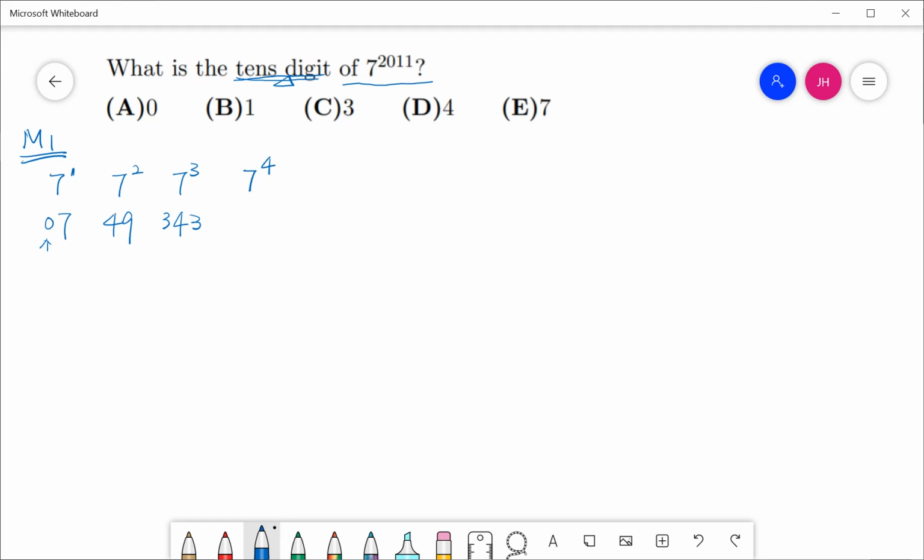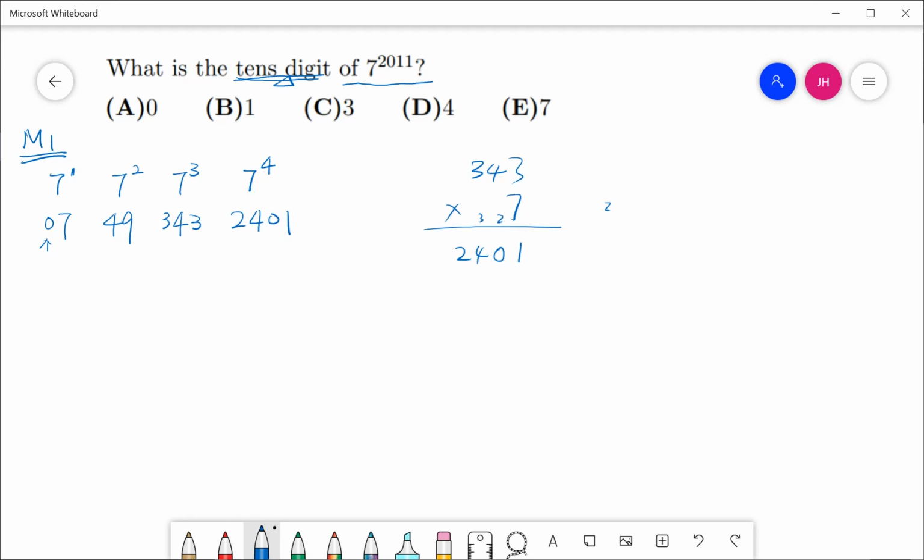And 7 to the 4th will be a much larger number, so let's try that. That's 21, I'll put 2 here. So 4 times 7, that's 28, so that's 30, and that's 21, 24. So this is 2401.